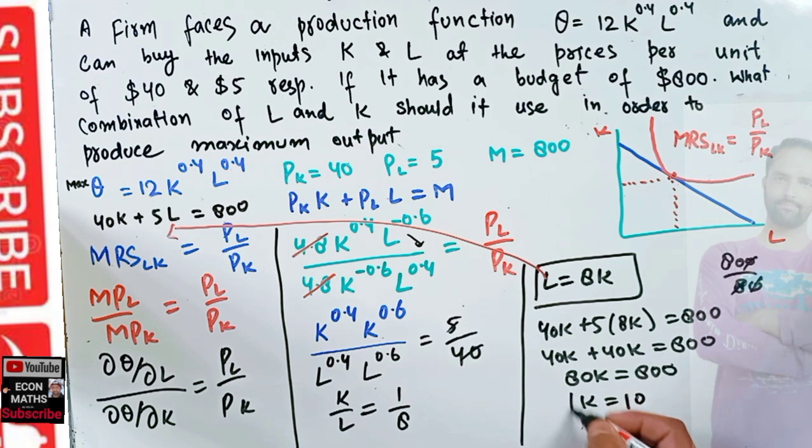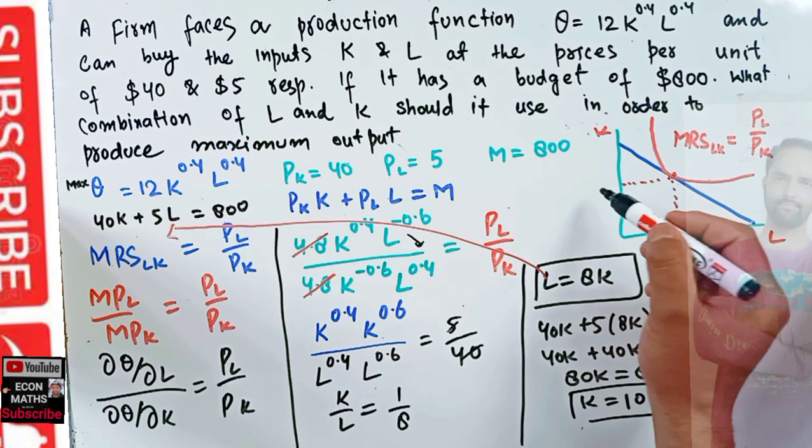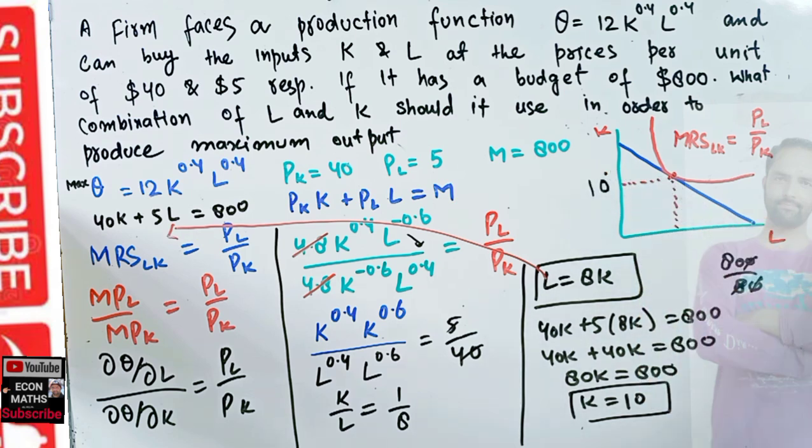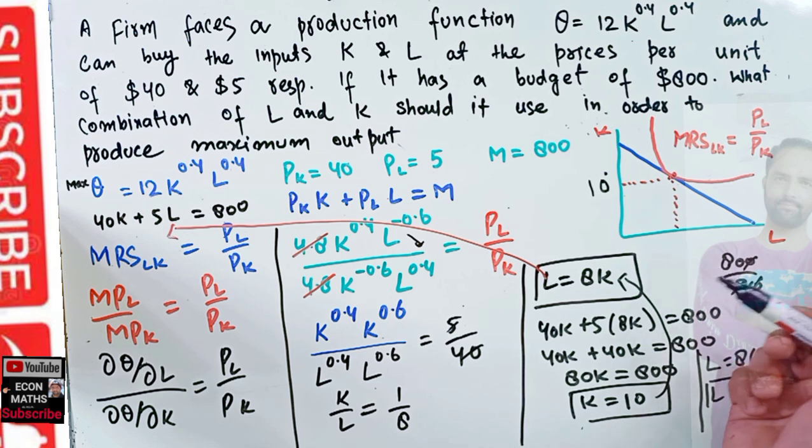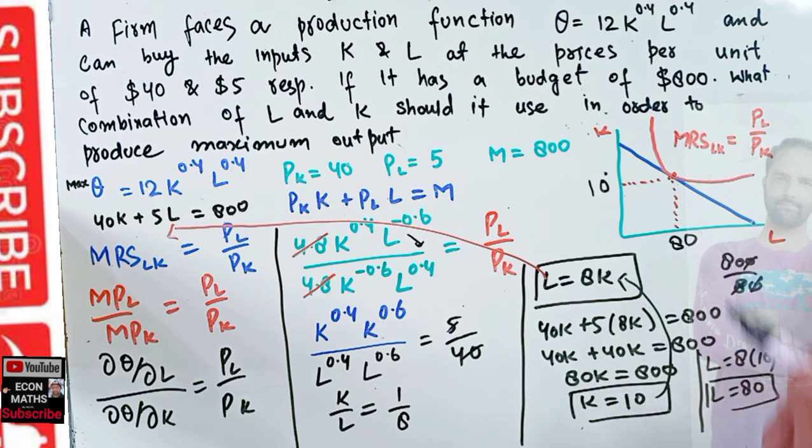That means the optimal level of capital required will be 10 units. To find the optimal value of labor, simply plug the value K equal to 10 here. That means L is equal to 8 times 10, so L will be equal to 80. So the units of labor required to produce maximum output will be 80.